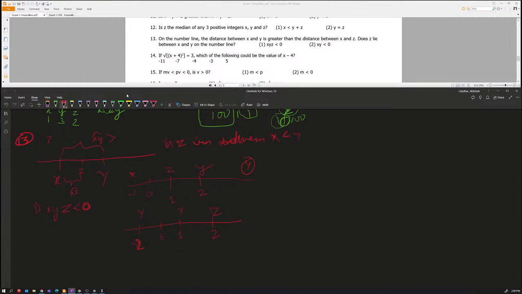Right, so the distance between this is less than the distance between this, which is what they wanted, but we get an answer. This is not sufficient, as we knew before.